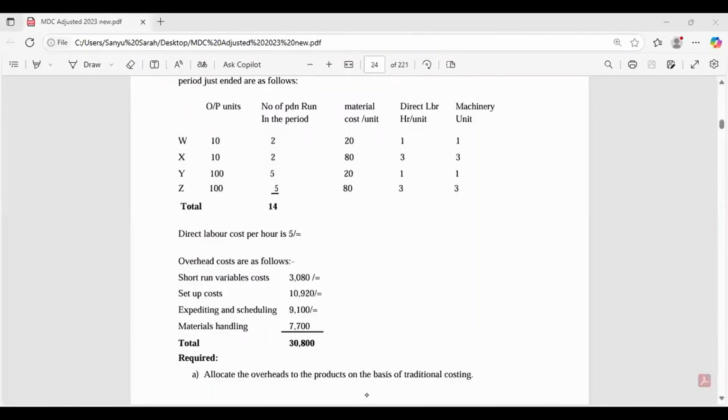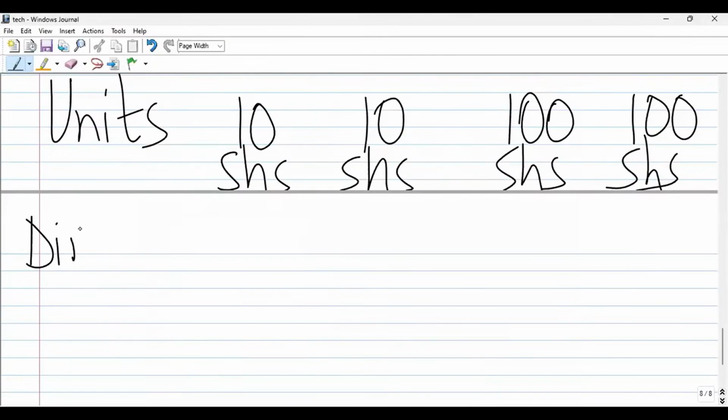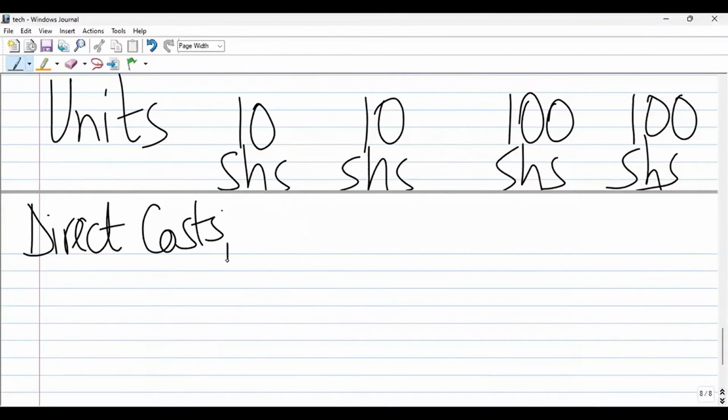So I come and show the direct labor, or I can show the direct cost first. So I can come and show direct costs. So we start by showing the direct labor.